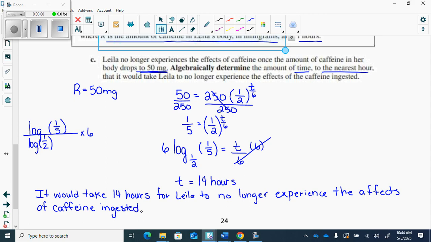Okay? Therefore, okay, guys. Do you see how I wrote a full sentence with all the things? If you don't, you're just giving up marks.